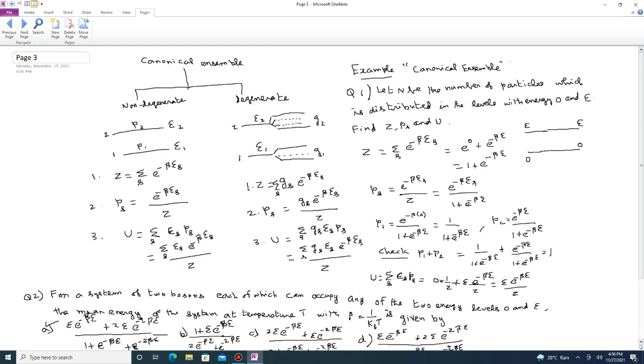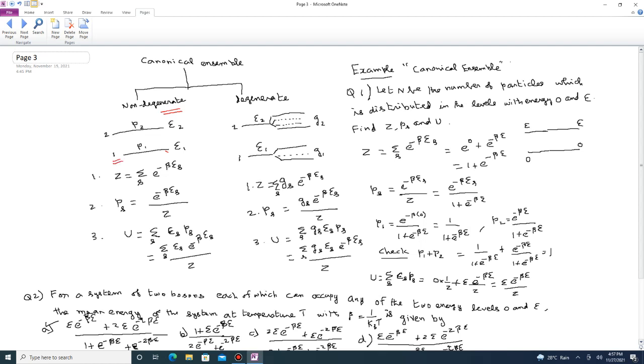Now let us discuss some problems. If you consider a canonical ensemble, the temperature must be constant for all the cells. Now here there are two types of canonical ensembles. One is a non-degenerate system. In a non-degenerate system, suppose let us consider two levels, level 1 and 2.